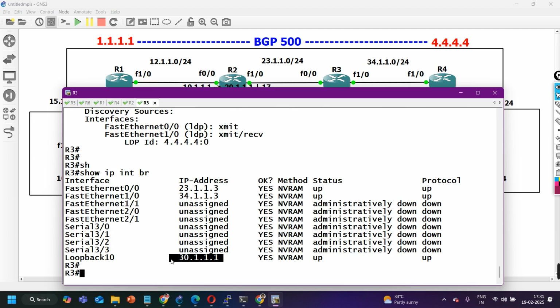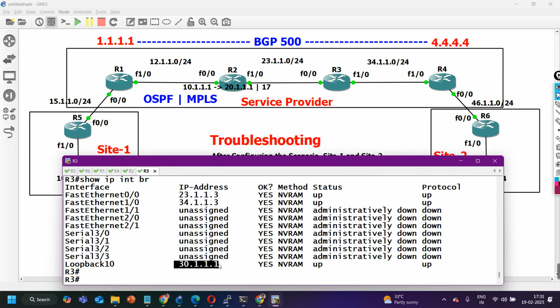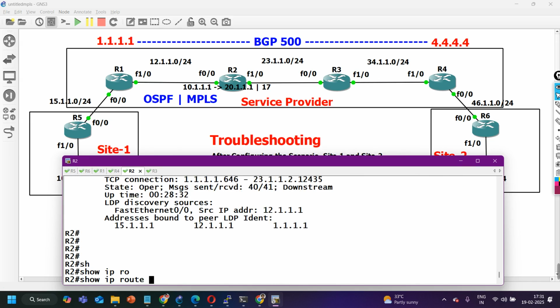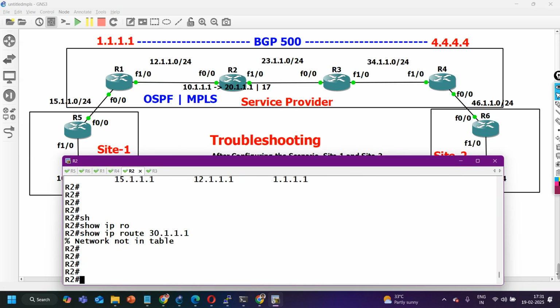So this IP address is the LDP router ID. Guys, if 30.1.1.1 is the LDP router ID, then make sure the LDP router ID of router 3 should be reachable from R1, right? So on router number 2, show IP route 30.1.1.1. No, the route is not there in the table.